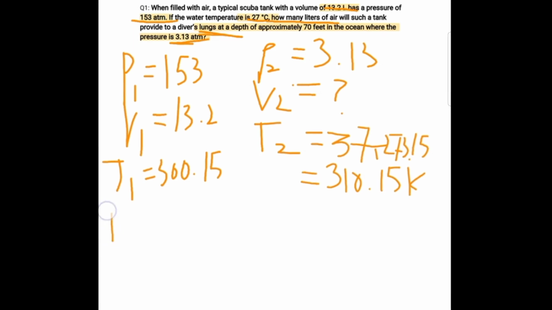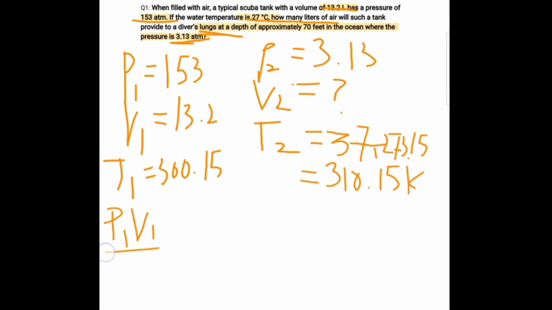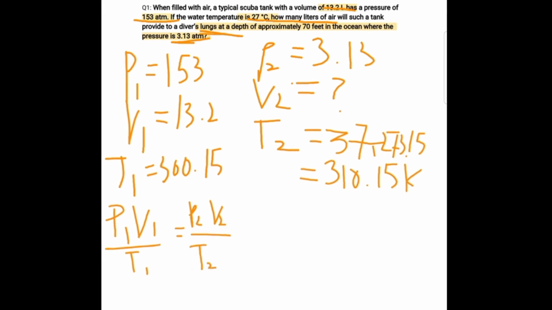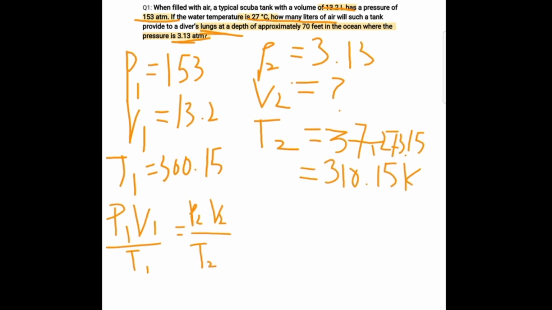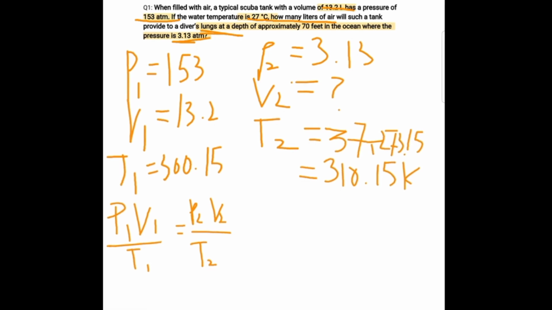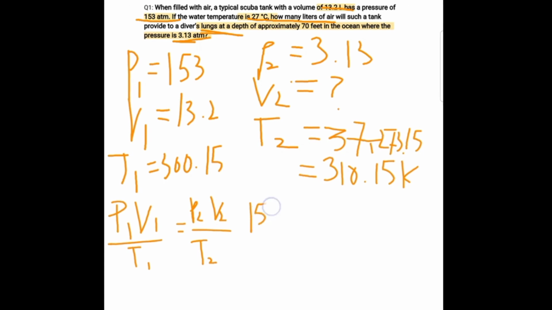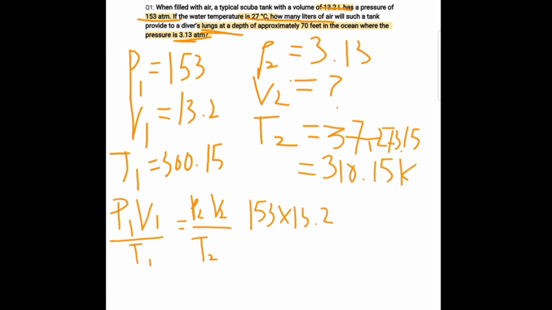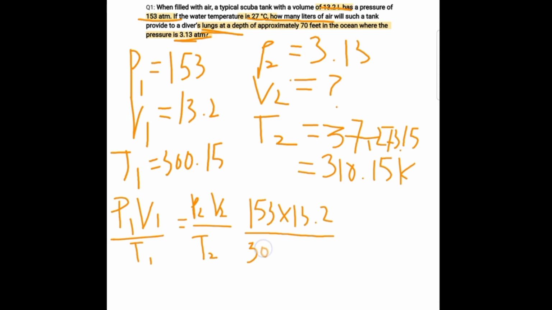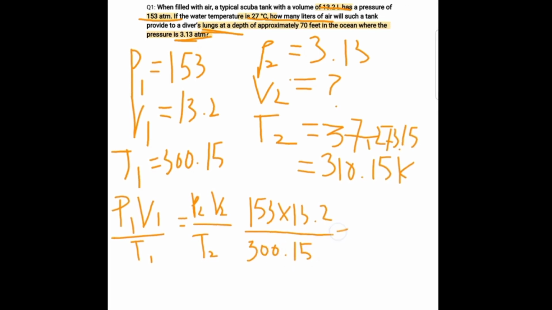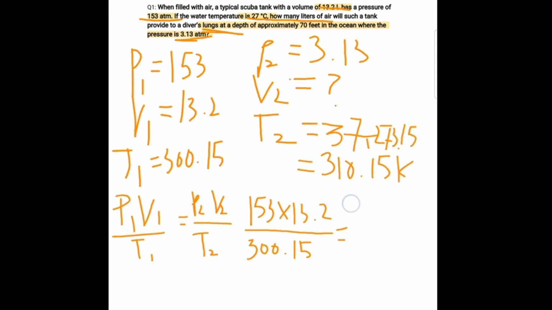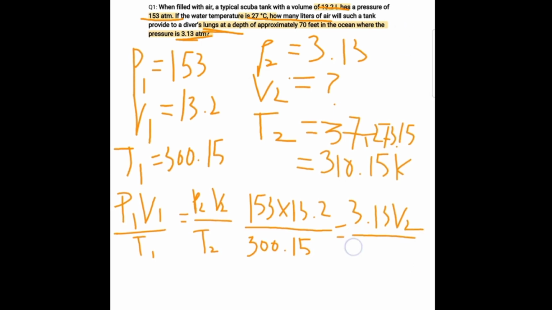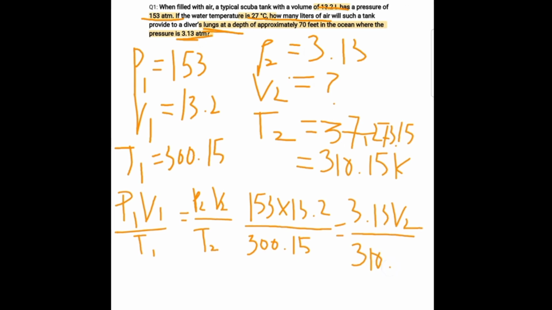So by using the combined gas law equation, I just fill in 153 times 13.2 divided by 300.15 equals 3.13 times V2, which is unknown, divided by 310.15.